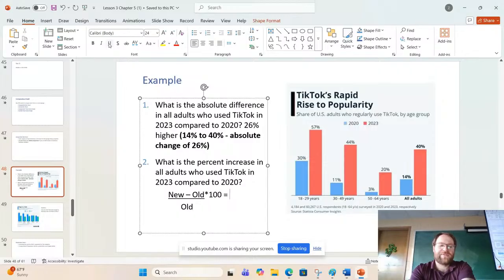So the new value in 2023, let's see, new value 40, minus old value of 14, over an old value of 14, times 100.